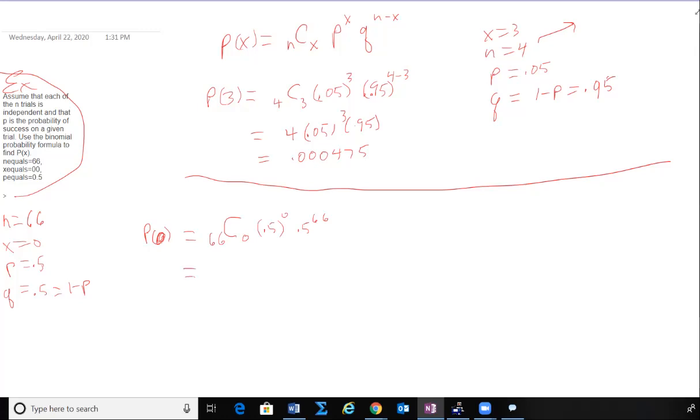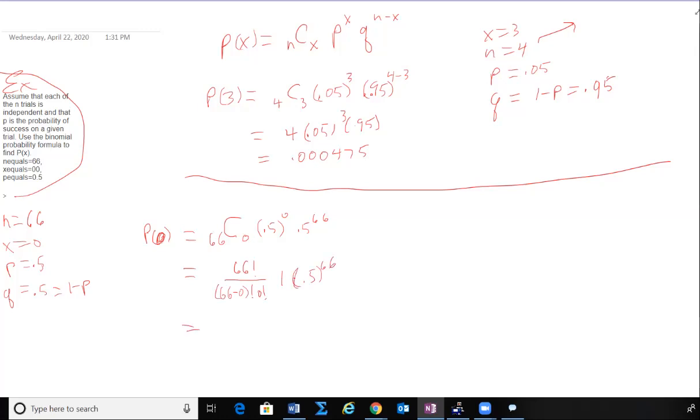So let's calculate this. We have 66 choose 0, so 66 factorial over 66 minus 0 factorial and 0 factorial. And then 0.5 to the 0 is a 1. 0.5 to the 66, well, I don't have to put that in my calculator.